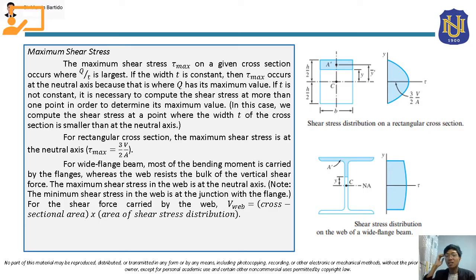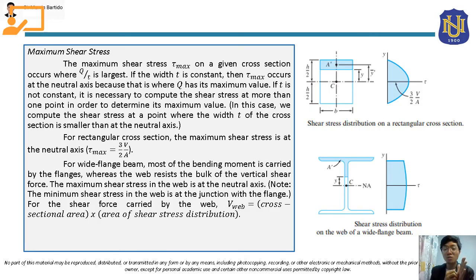And on the other hand, class, let's say we are going to solve the shear stress at this point. Kung yung area below yung i-consider natin, pwede naman. Pero yung mangyayari, class, yung Q, magzi-0. Kasi yung distance from the centroid nung area na i-consider natin, nasa neutral axis mismo, nasa same point sila.